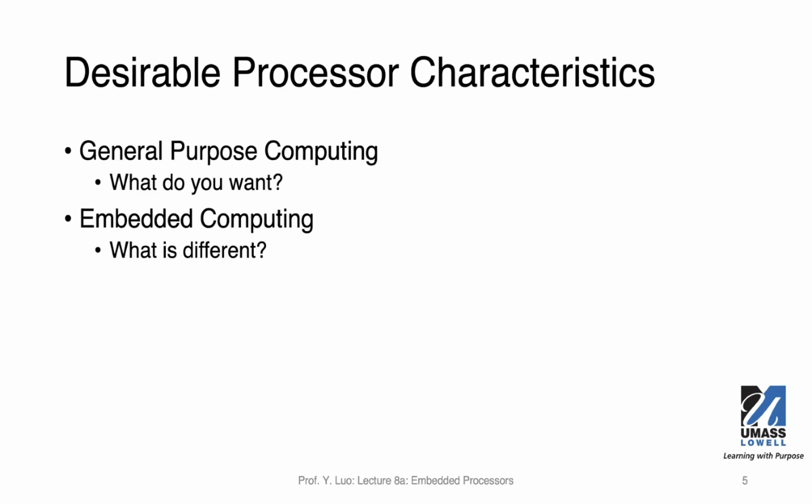For embedded computing, there are even more considerations. One is power efficiency, because you tend to have embedded mobile devices powered by battery, so energy efficiency is very important. You want that probably the most. And you also want the processor to be proficient in digital signal processing, if that's something you do, maybe in a DVD player or something.